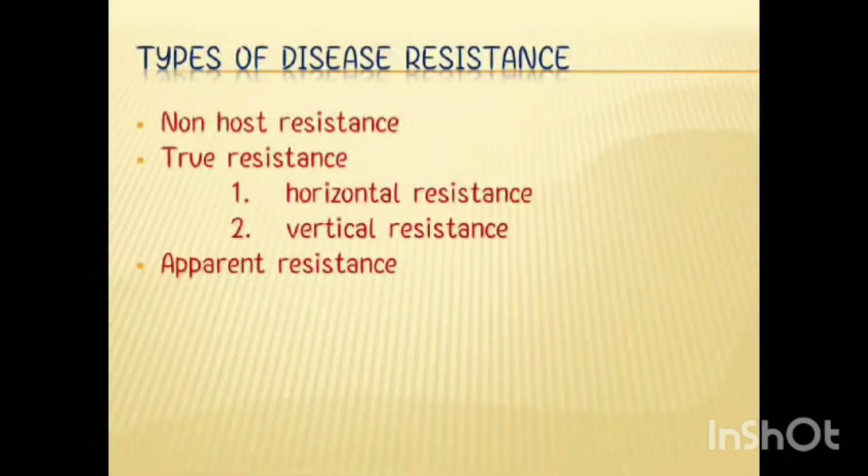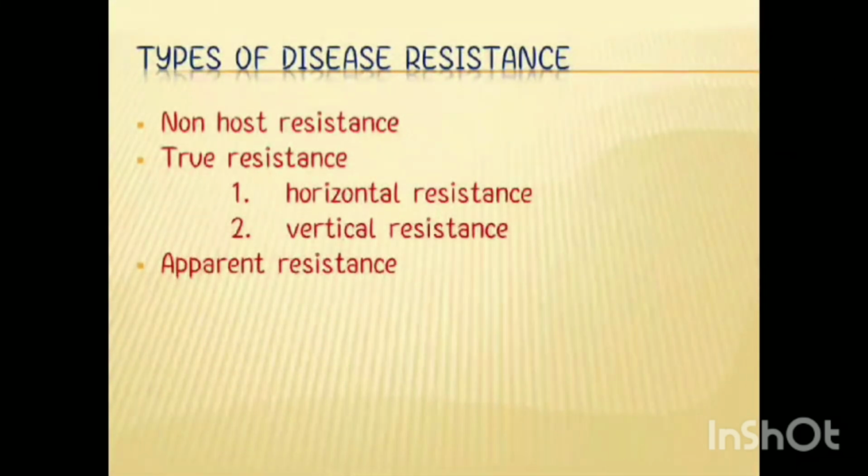Next, the types of disease resistance. First one, non-host resistance. Second one, true resistance. Third one, apparent resistance. First one, non-host resistance: plants are resistant to certain pathogens because they belong to taxonomic groups that are outside the range of their host. Second one, true resistance.